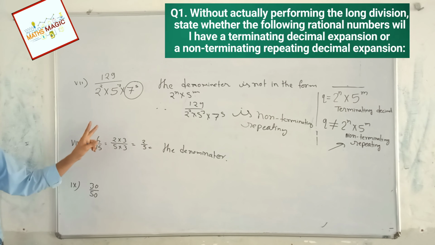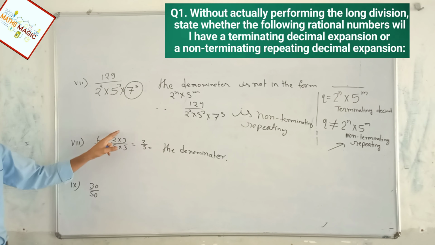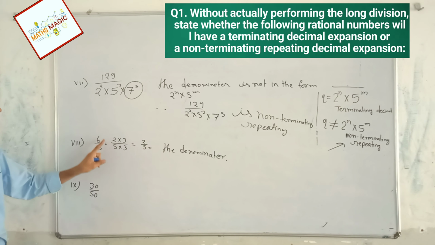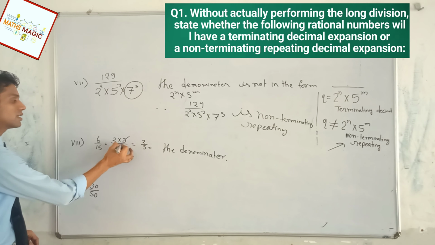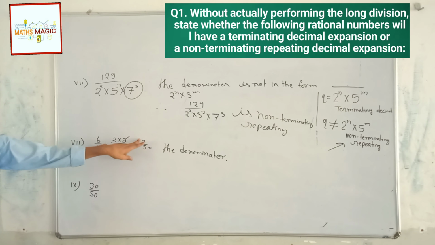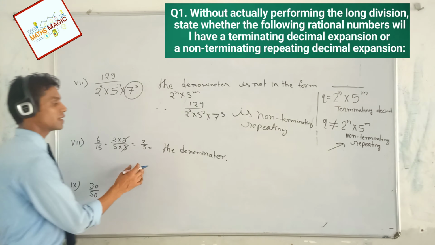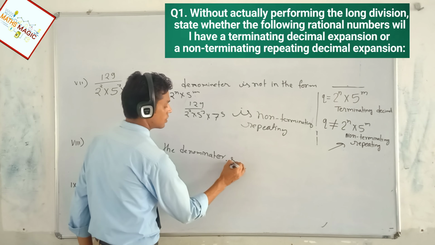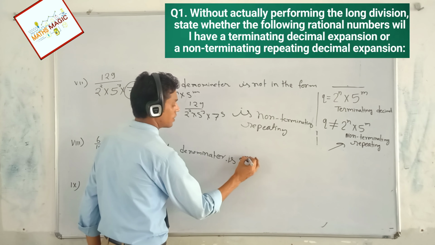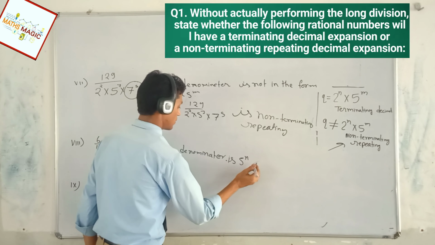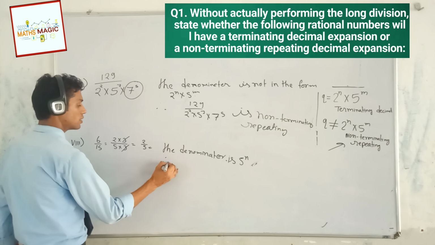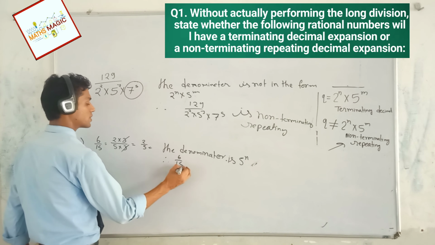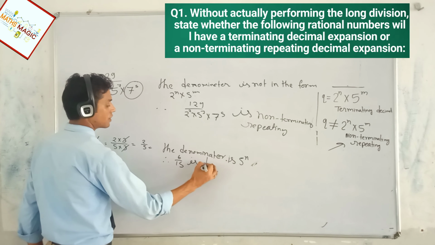We can factor 6 into 2 and 3. 3 times 2 is 6, 3 times 5 is 15, and this 3 cancels. So we get 2 by 5. Don't get confused. Here the denominator is 5. Therefore 6 by 15 is terminating.